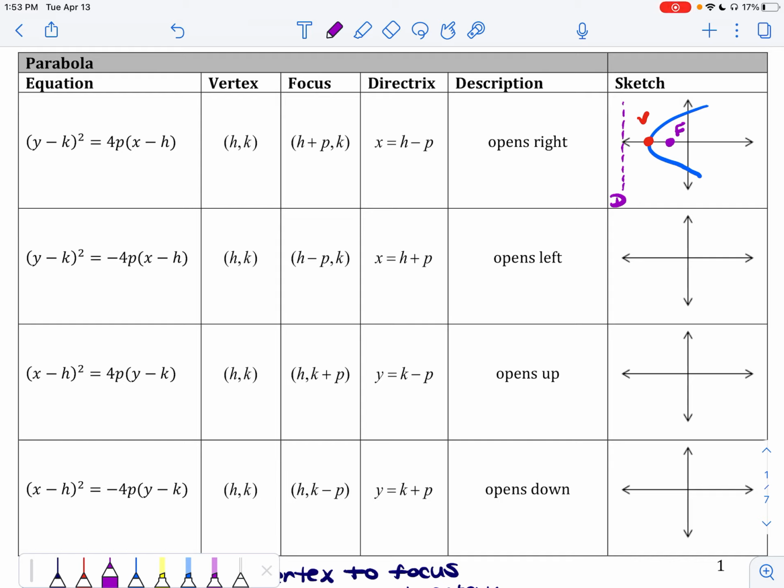Of course, the axis of symmetry would go right down the middle, and the latus rectum would be the distance across the parabola at the focus. This next one, a y squared with a negative 4p, is going to open left. So somewhere here, opening to the left. The focus will be to the left of the vertex, and the directrix line will be to the right of the vertex, and perpendicular to the axis of symmetry that goes right down the middle.